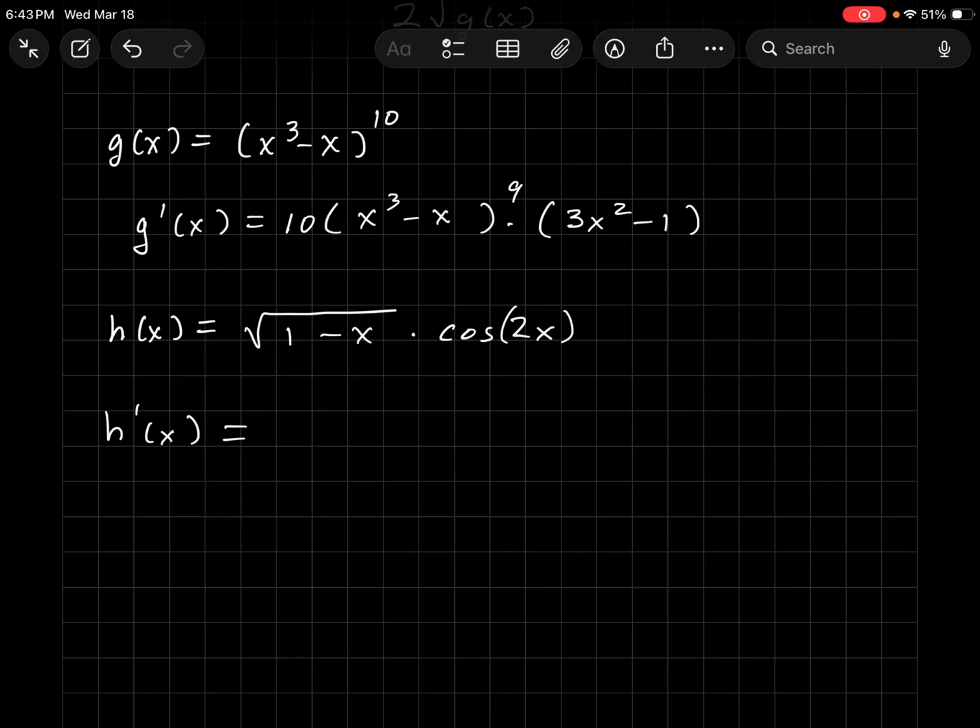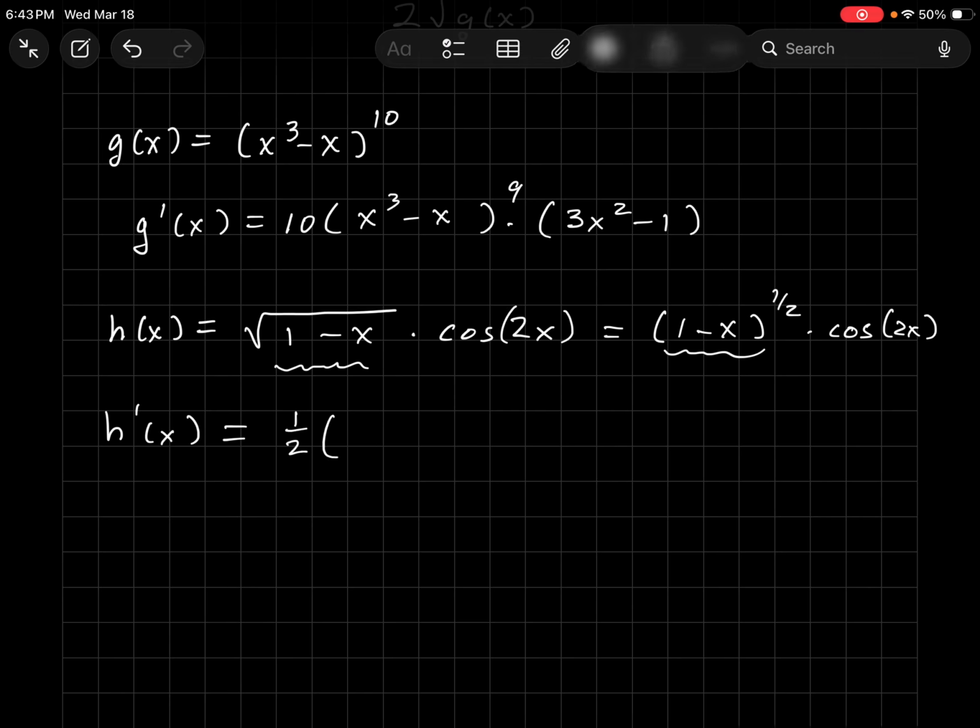The product rule says, let's take the derivative of this first piece. I have to take its derivative, and I think, what rules do I need? Well, that is 1 minus x to the 1/2. So when I take the derivative of this part, I have an outer function to the 1/2.